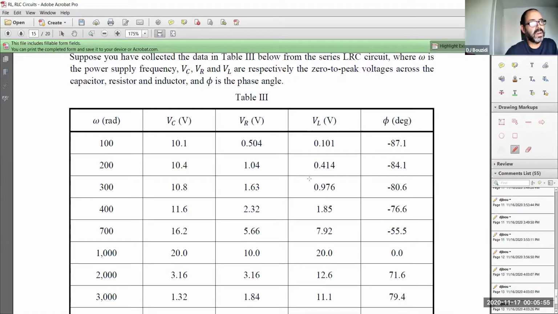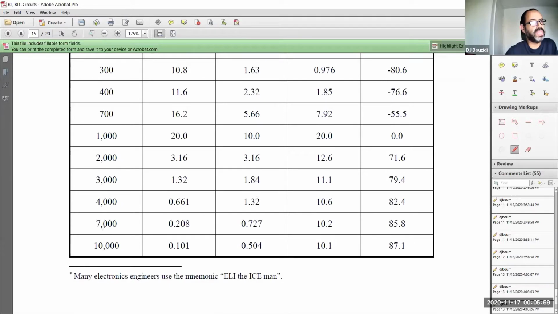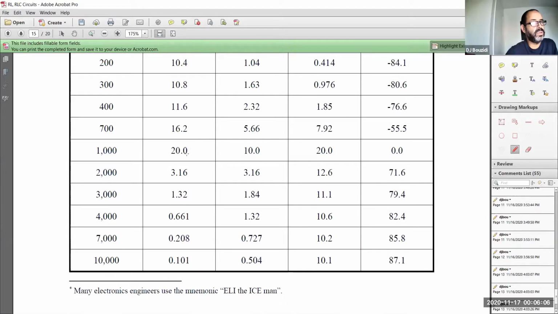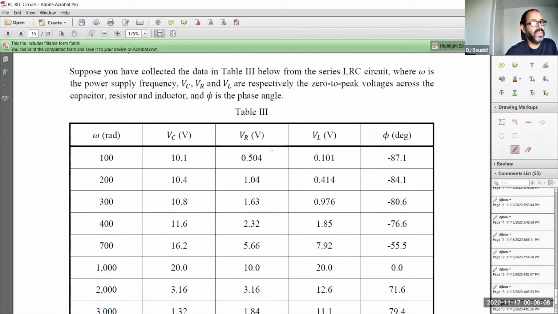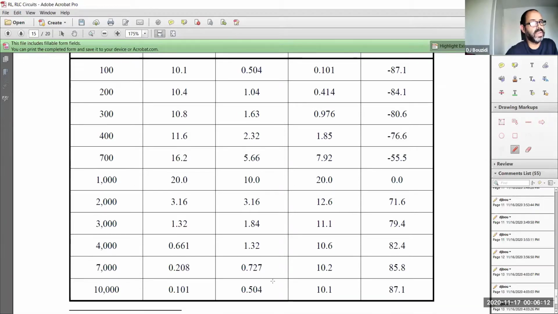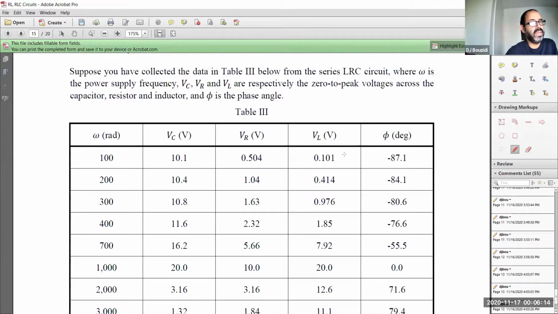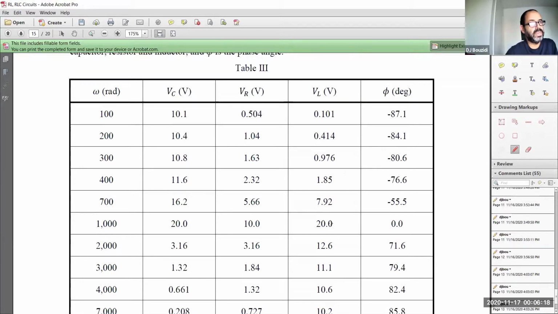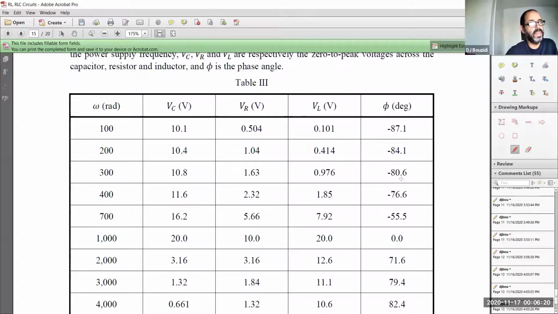Then you're given this data now. You have omega changing from 100 all the way to 10,000 radians per second. VC is given as 10.1 volts and 20 volts, and then comes down. VR is given as 0.5 and then increases to 10 volts and then comes down. VL, across the inductor, is also given, and then it reaches some value and comes down.